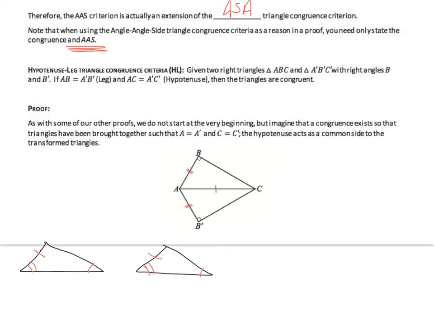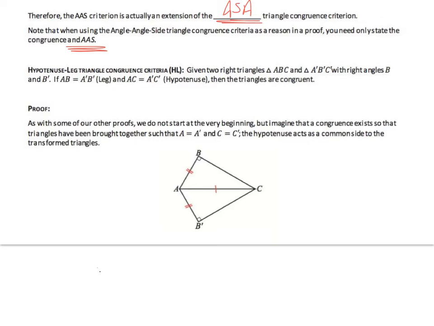It's an extension of ASA because we just said if we know that two angles of one triangle are equal to two angles of another, then we also know that the third angle is congruent. So over here I have angle, side, angle. So it's an extension because we know that third angle is congruent because of that rule we learned, that all the interior angles of a triangle sum to 180. So that's the reasoning there, but let me erase this and we can move on to hypotenuse leg.